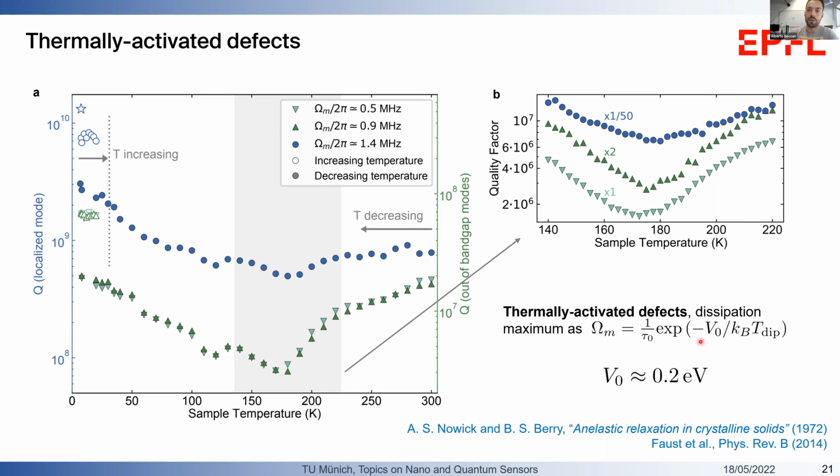From simultaneous fitting of these three curves, we could also recover a value of 0.2 electron volt for the potential barrier that separates this two-level system. That is similar to what has been reported for other nanomechanical oscillators in the literature.